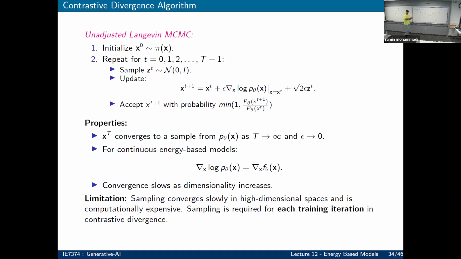As epsilon goes down and the number of samples goes up, it converges. We also see that for continuous models, the gradient of this f theta x is going to be the same thing, which means the second part disappears. So using this unadjusted MCMC technique, as t increases and epsilon decreases, one of the properties is that the gradient of the log density is guaranteed to be the gradient of this, and that term disappears.